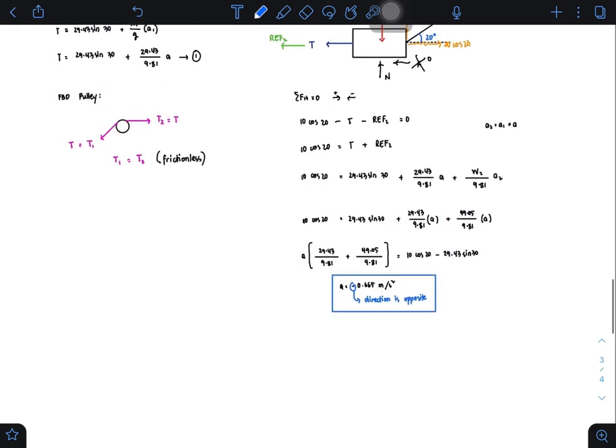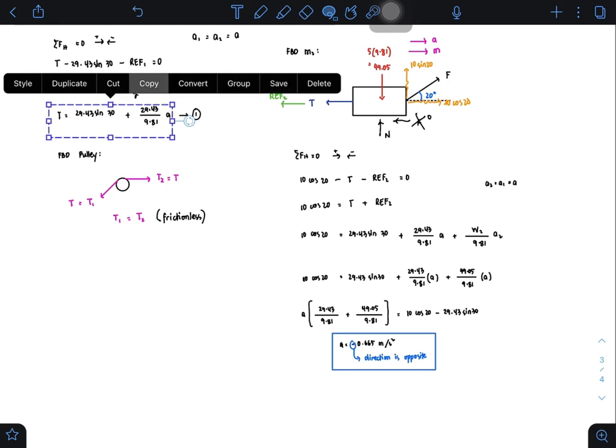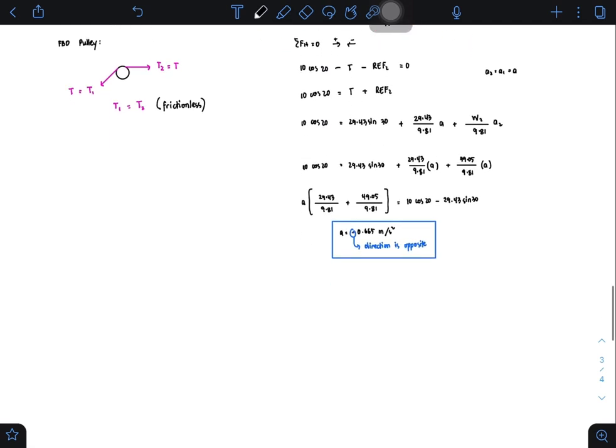Let's solve for the tension of the cable. We're going to use this one because this is the tension, solving for the tension.